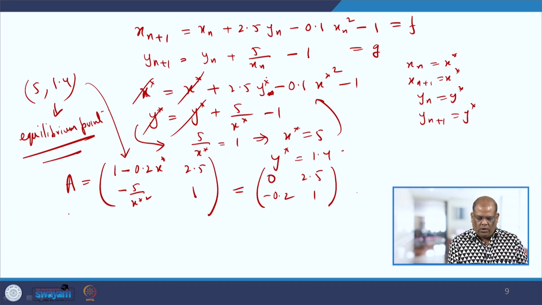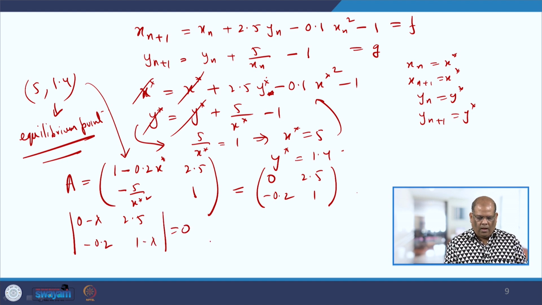So, now you have to just find the eigenvalues of this matrix: determinant of minus lambda, 2.5, minus 0.2, 1 minus lambda equal to 0. And if you solve it, you will get lambda equal to 1 plus minus i by 2.